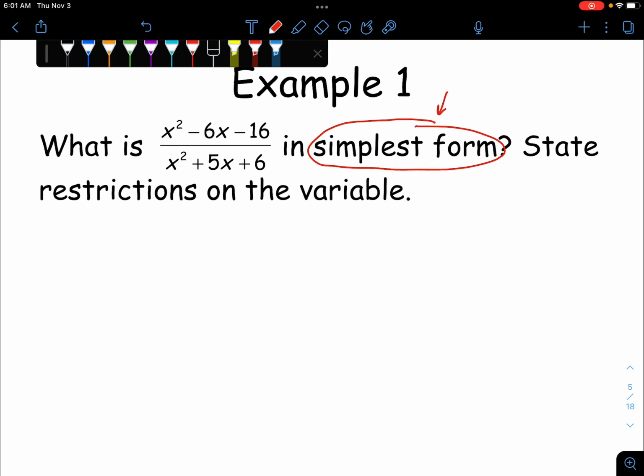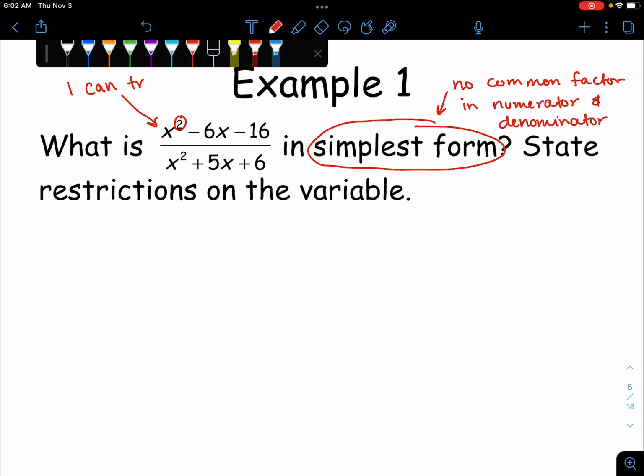That means no common factor in numerator and denominator. Also, if you see anything with a squared, you immediately have to think, I can try factoring this.